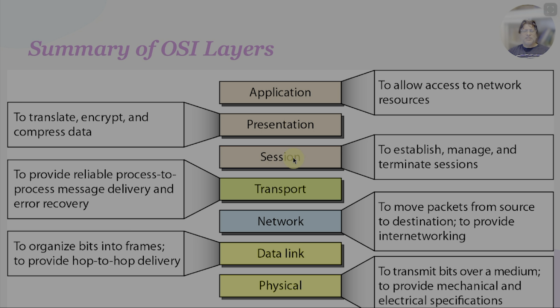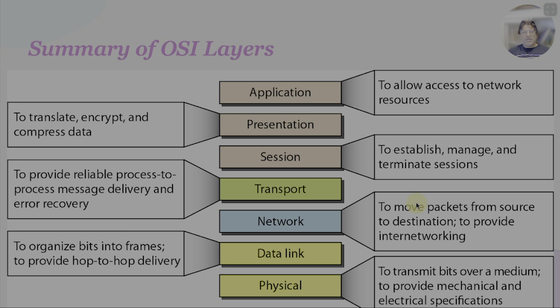Then there is the session layer, which is used to establish, manage, and terminate sessions. We talked about it in detail in one of the lectures. And the presentation layer is responsible for translating, encrypting, and compressing data. And finally, in this lecture, we focused on the application layer.